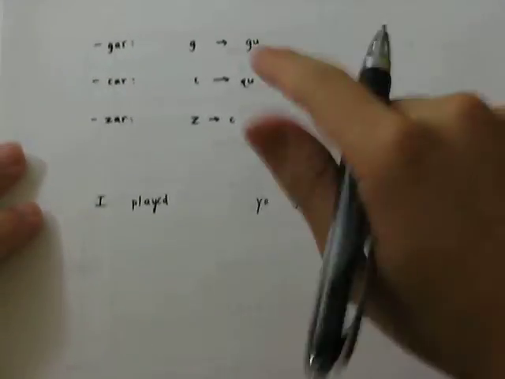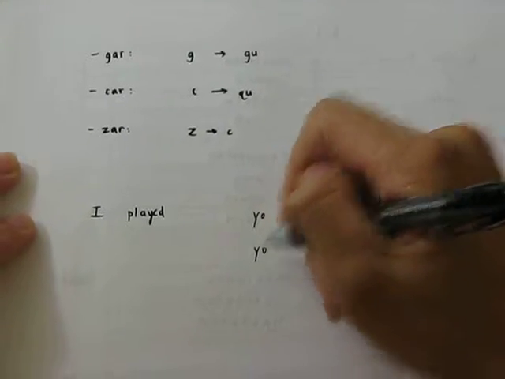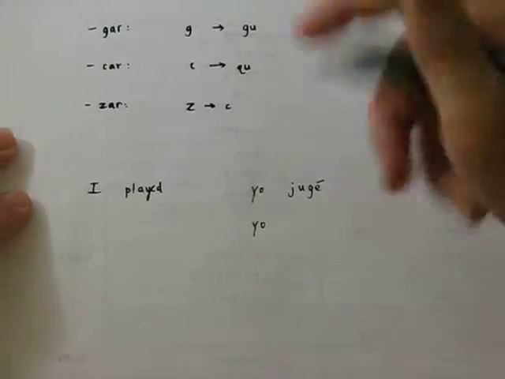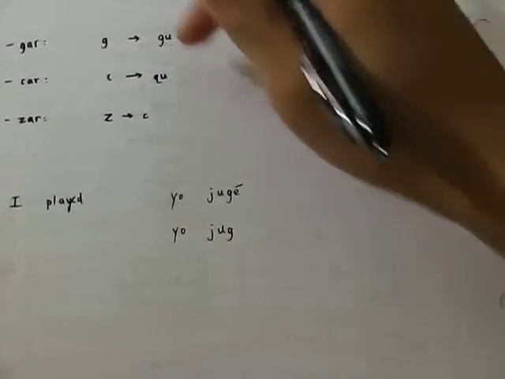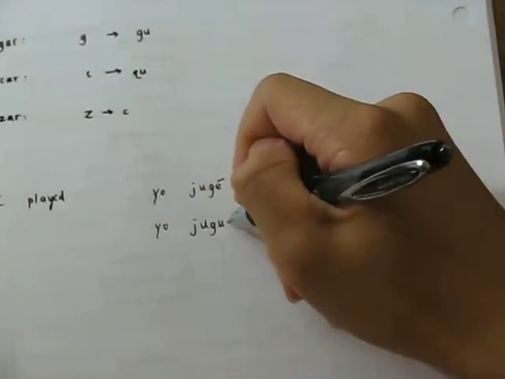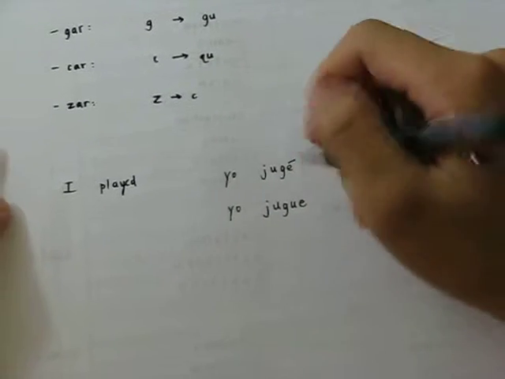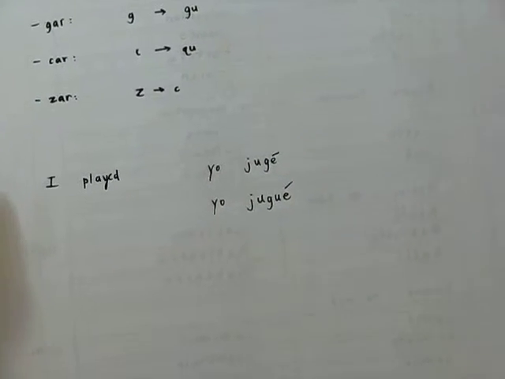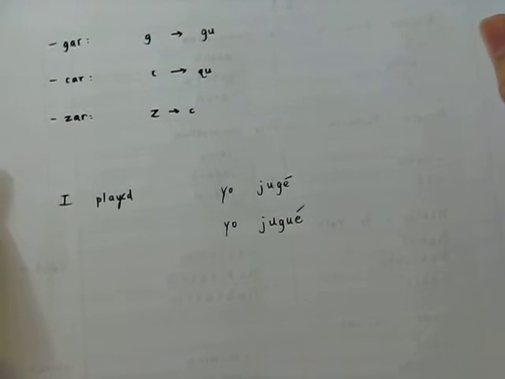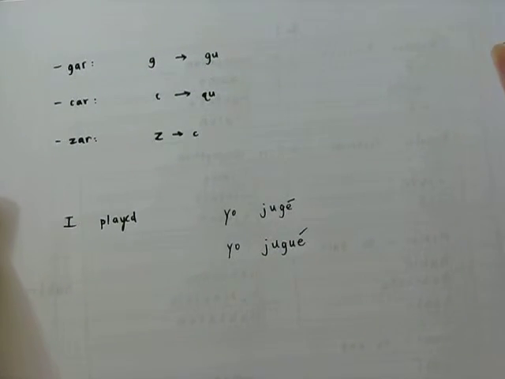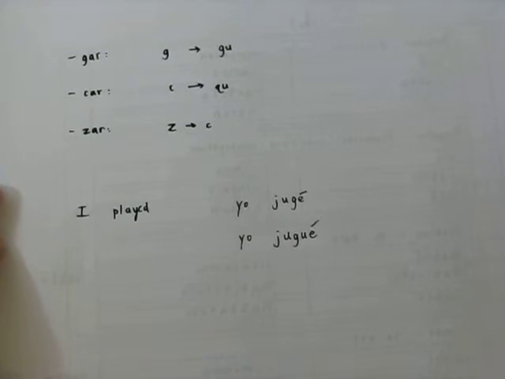Instead, since this is a gar verb, I would change jugar to jugué because it's jug, and you change the g to gu. So you add a u, and you still add the é, and tack on the accent. And you do the same for verbs like buscar, which changes to yo busqué, and almorzar, which changes to yo almorcé.